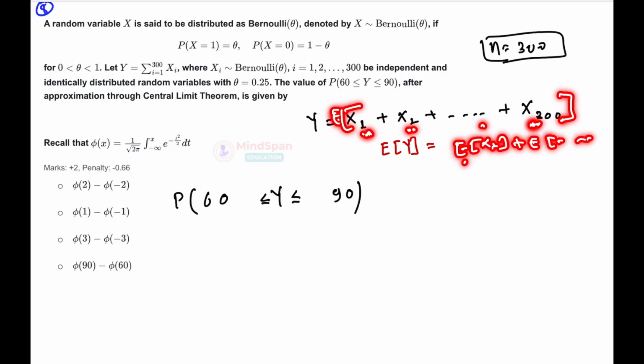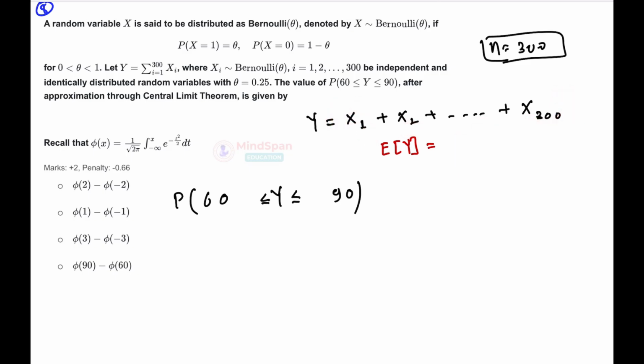So we have such 300 terms, right? And for the Bernoulli random variable, we know the expectation. Let's say this x1 is a Bernoulli random variable, then its expectation is nothing but the probability of success. The probability of success is 0.25, right?